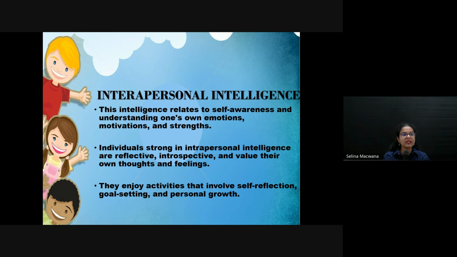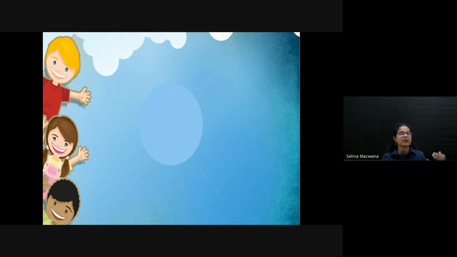These are some of the different intelligences. And teachers, you need to cater to more than one of these intelligences when you're teaching, and this will create a good learning environment that supports diverse strengths and learning styles of students.